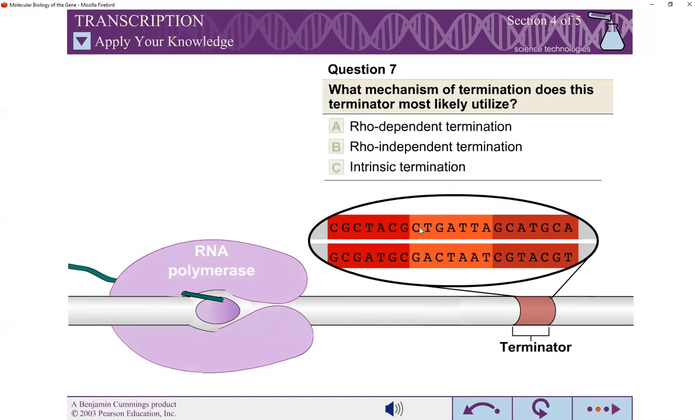If the distance had been 7 to 8 base pairs, it would have used the intrinsic or rho independent termination sequences. It is all about the distance between the inverted sequences. The distance between the inverted sequences is less than 8 base pairs, so it requires rho dependent termination. Correct.